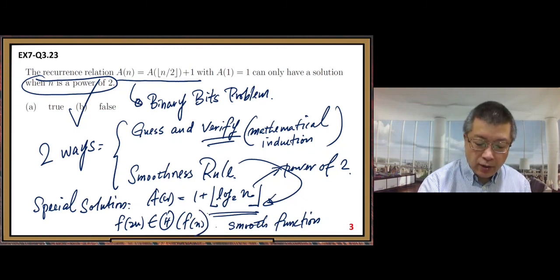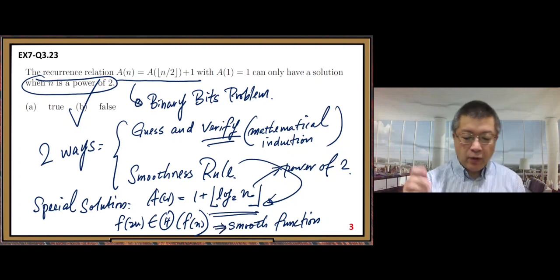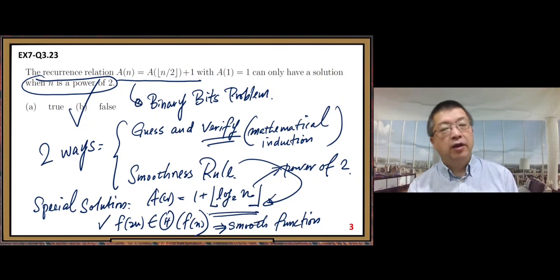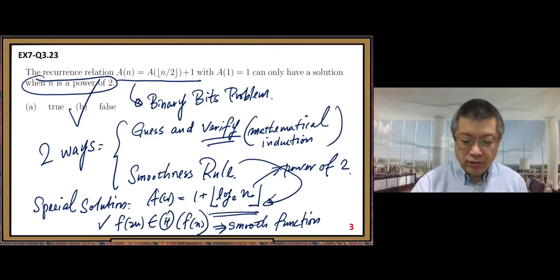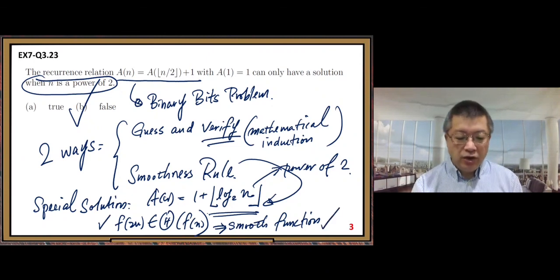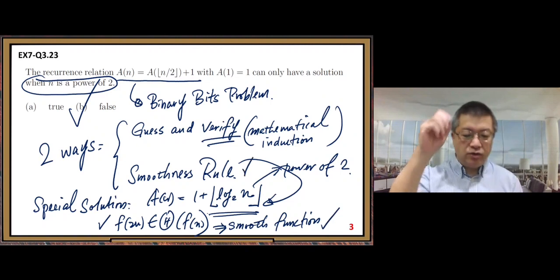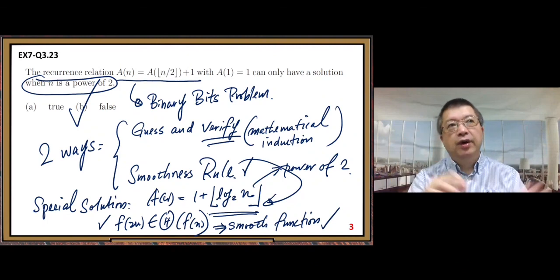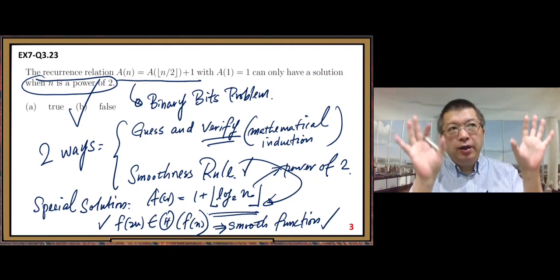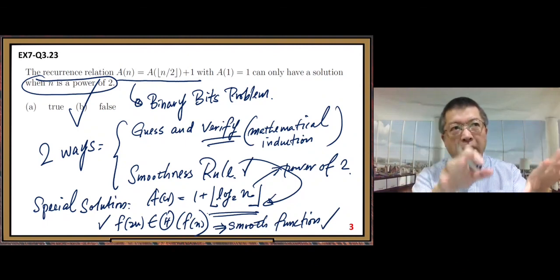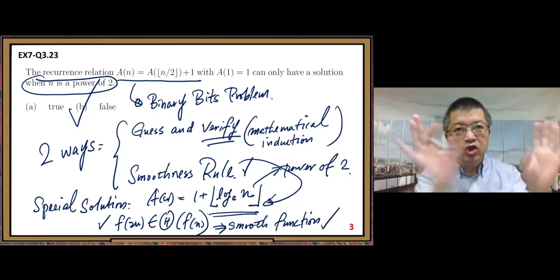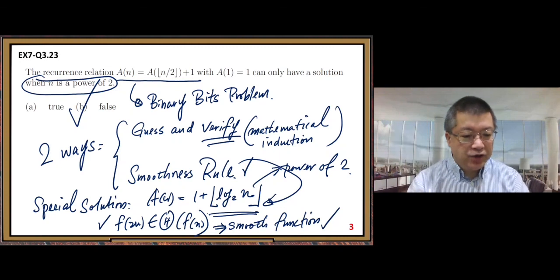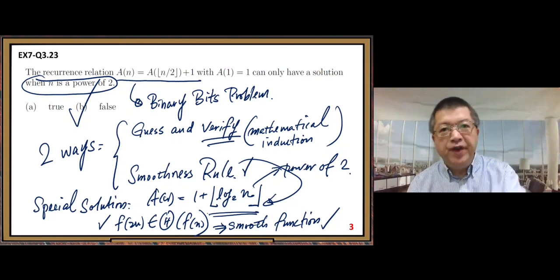We need to check that condition. Then we have the smooth function, then we can apply smoothness rule. Here, just a review of the two ways we can use to solve this problem. All right, so we finish our E.1 video here.